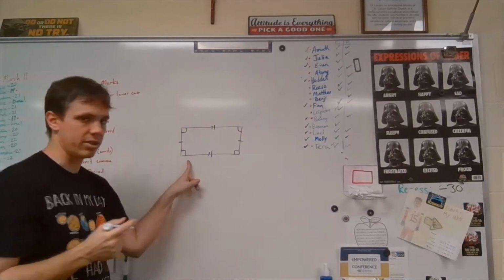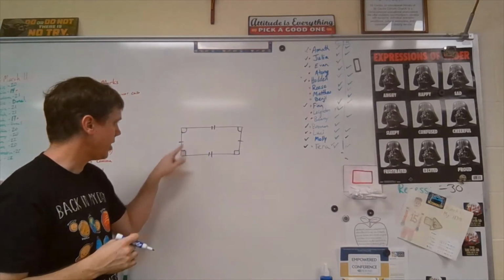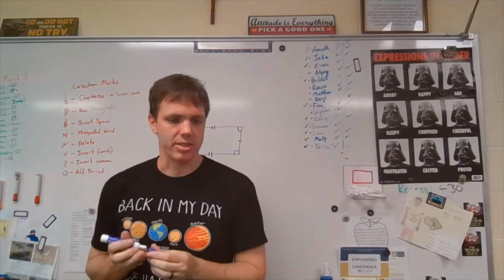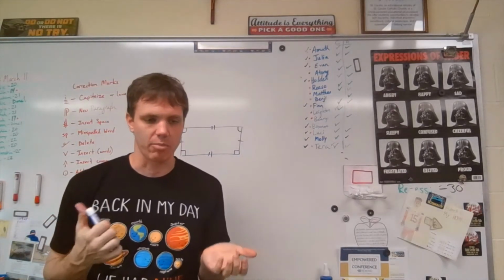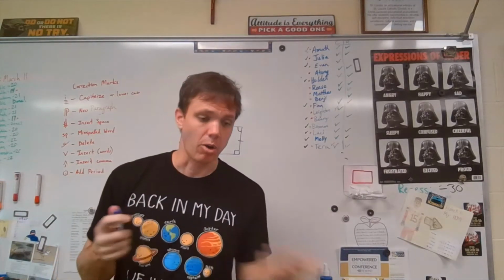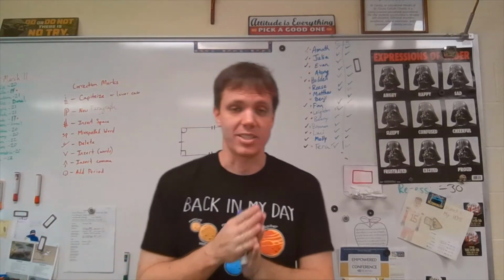So this is not a rhombus. However, it is a parallelogram, and all four angles are the same type. So a rectangle is a special parallelogram with four right angles and four sets of perpendicular sides.